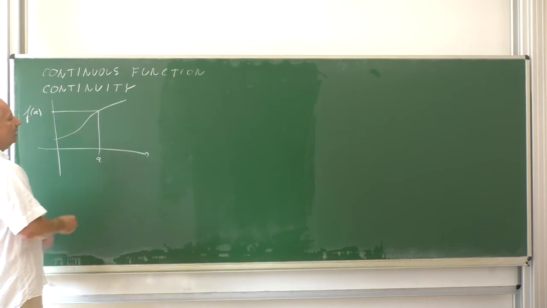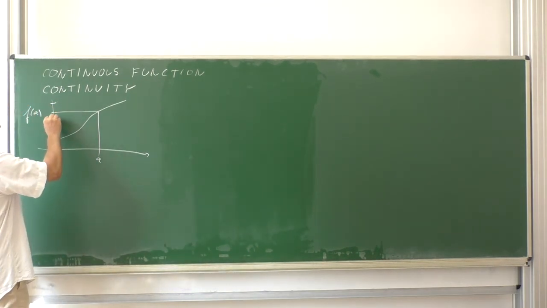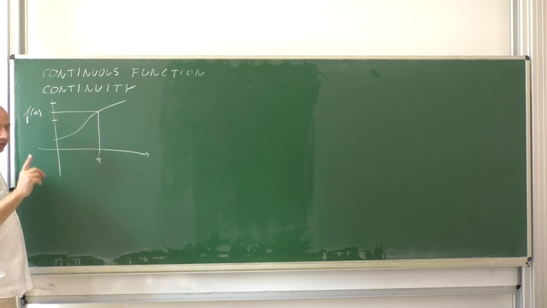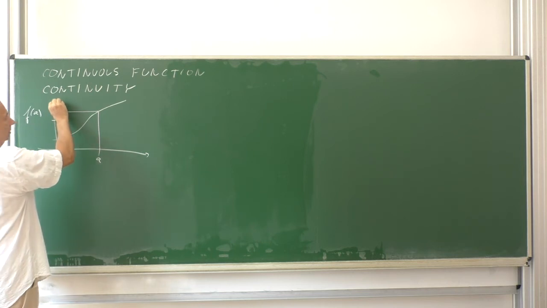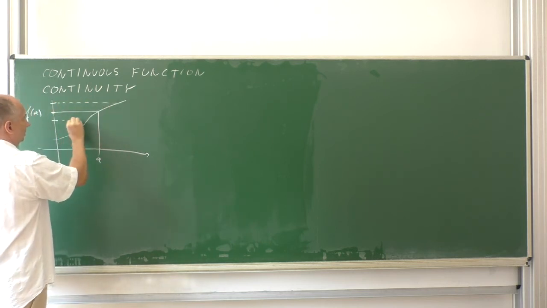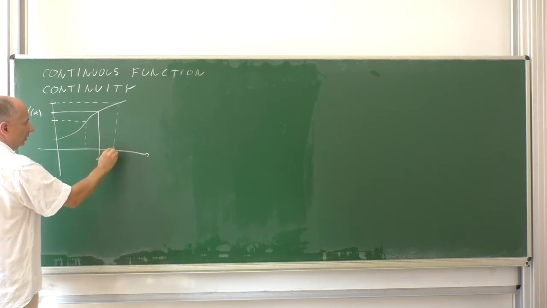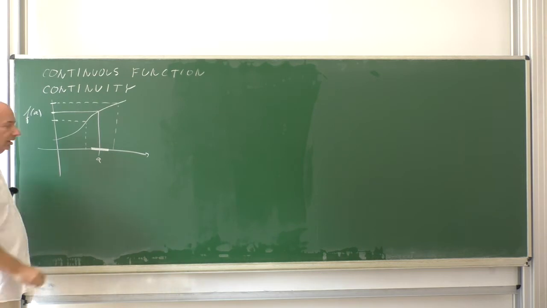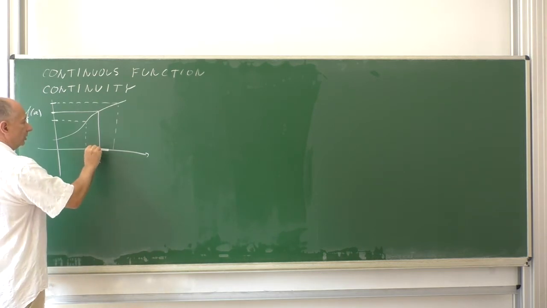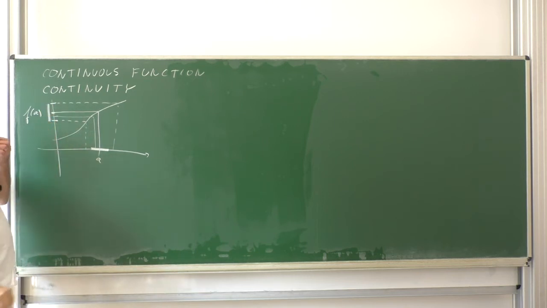And then we say the function is continuous if for any neighborhood of the function value, we can find some neighborhood of a such that all these points give results in this neighborhood.